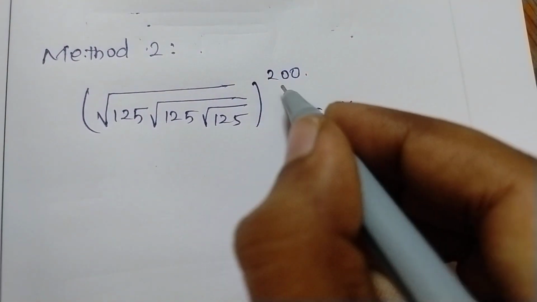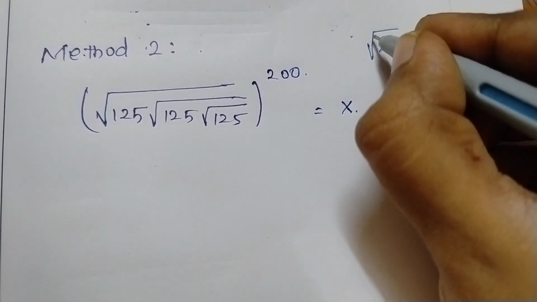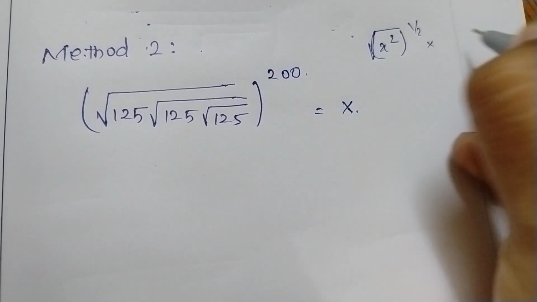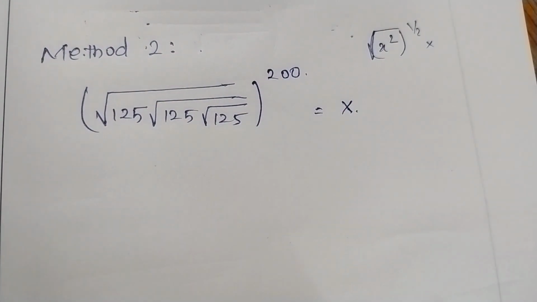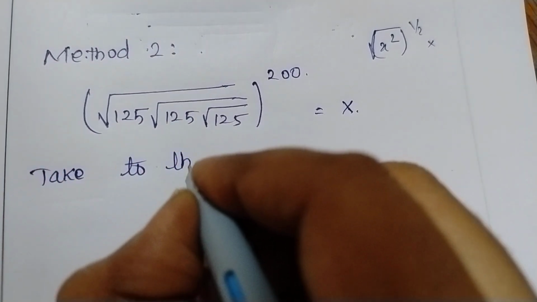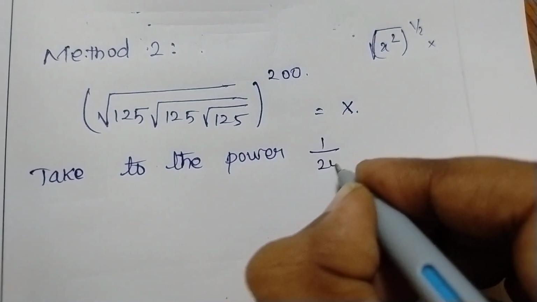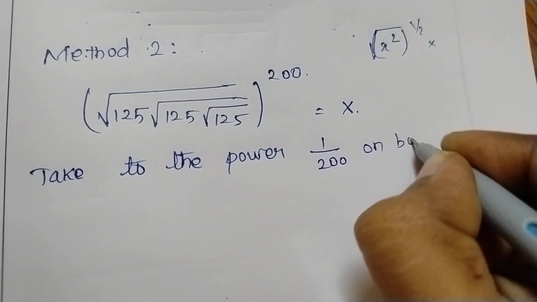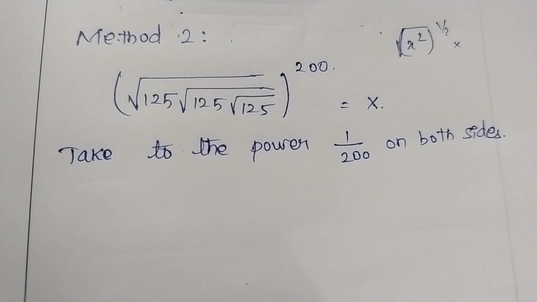So to remove this square root, what do you have to do? We need to take the power 1 by 2. Similarly, if you want to remove this 200, what do you have to do? We need to take to the power 1 by 200 on both sides. Okay, so just apply that.